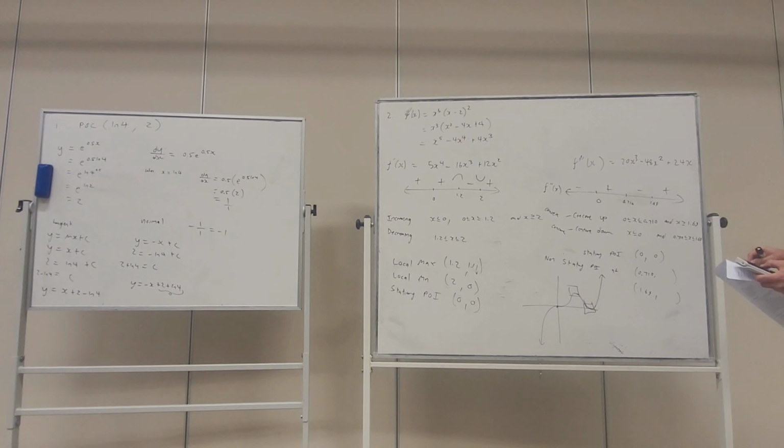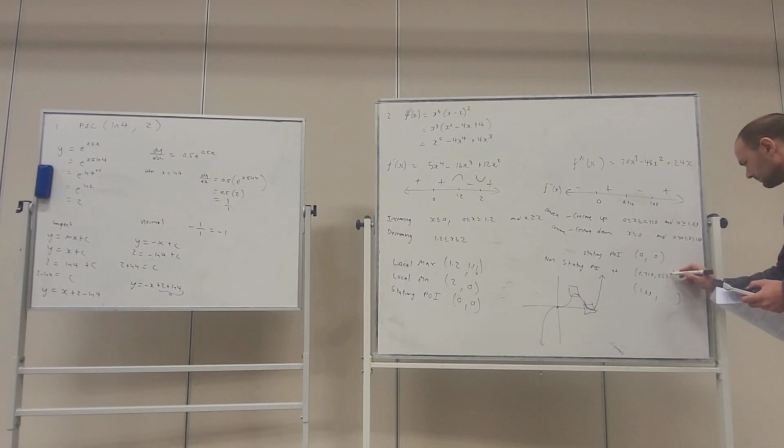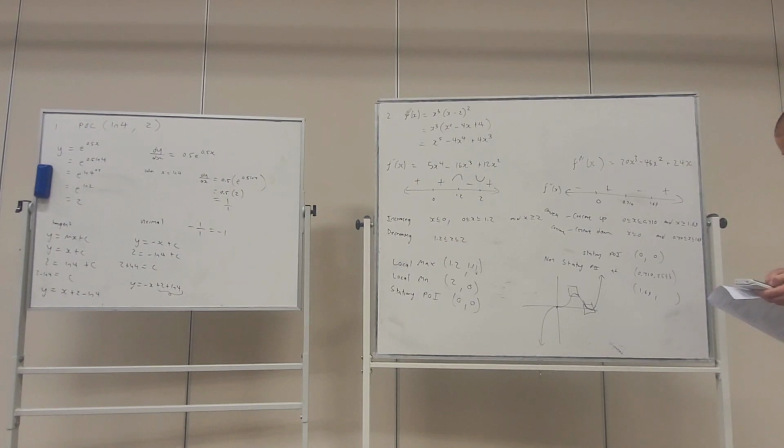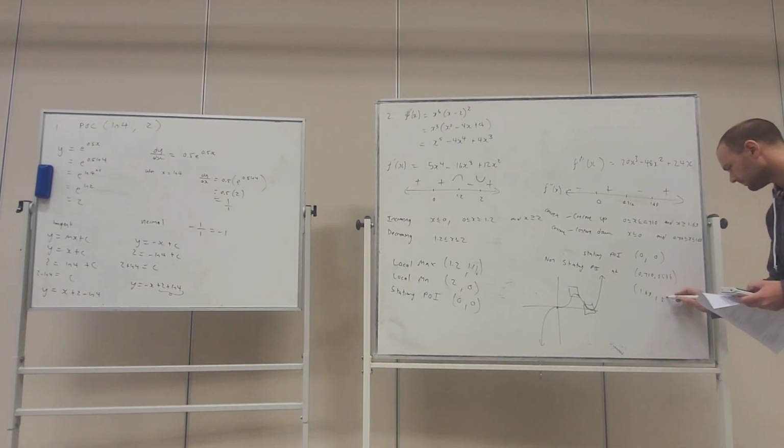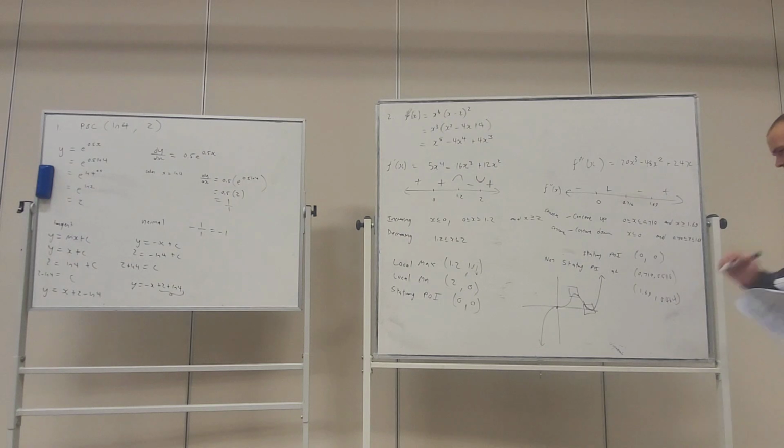That's 0.5955, so 0.596, sorry. And then when x is 1.69, we've got 0.464.